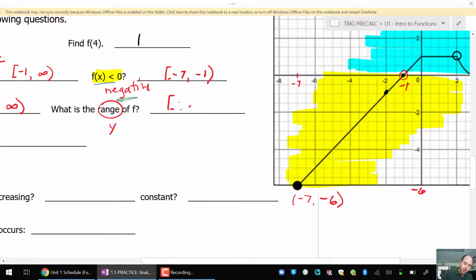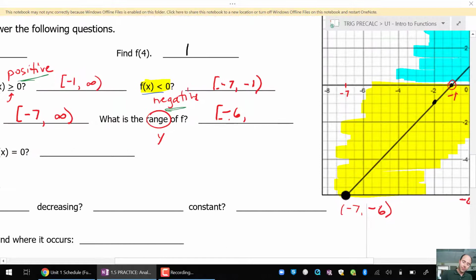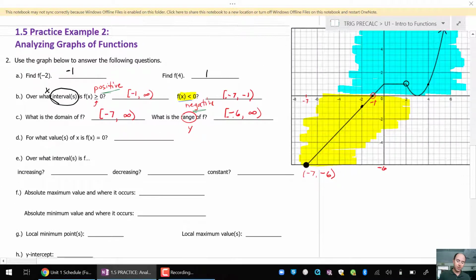And then how high does this function go? Y value, again, up to infinity. So we'd say -6 to infinity would be the range.